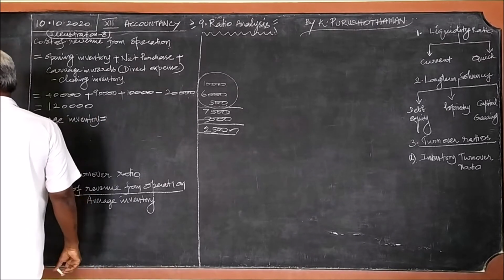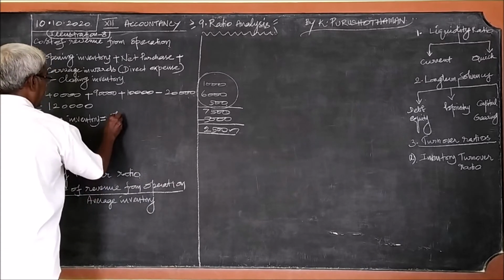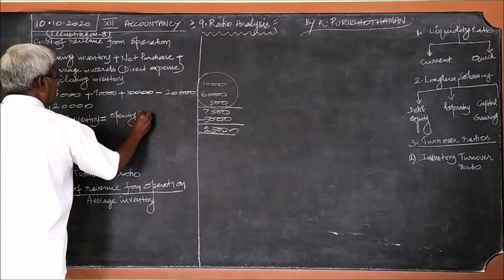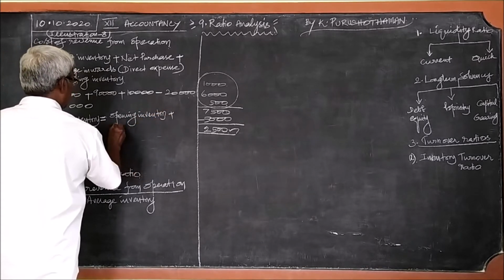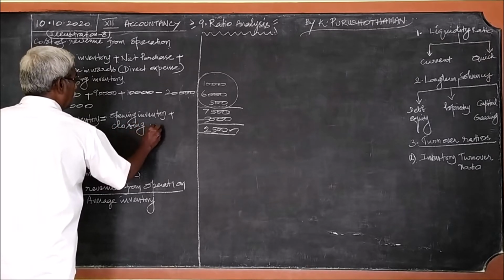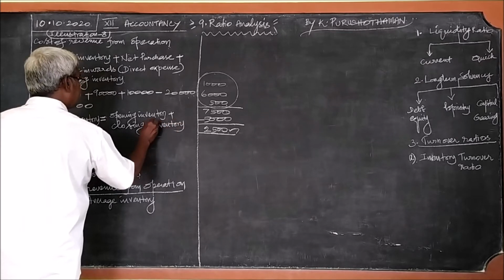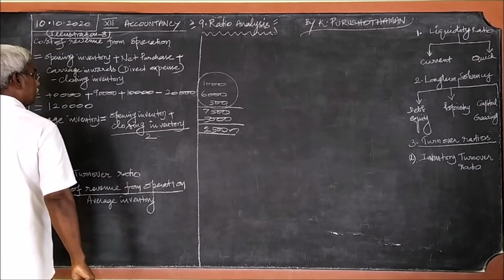For that what we should do? The opening inventory plus closing inventory, whole divided by 2.